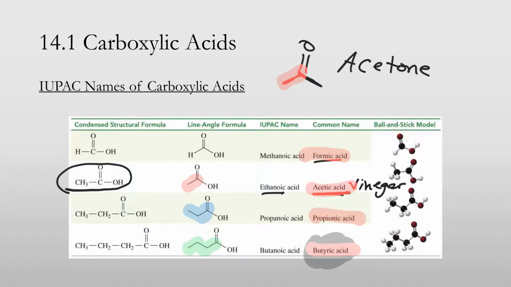And finally, formic acid is kind of a weird one, but it actually comes from the Greek word for ants, because they used to take ants, and I don't know why, but they would distill them, and the chemical that got out of there was called formica, which meant that it came from ant bodies.